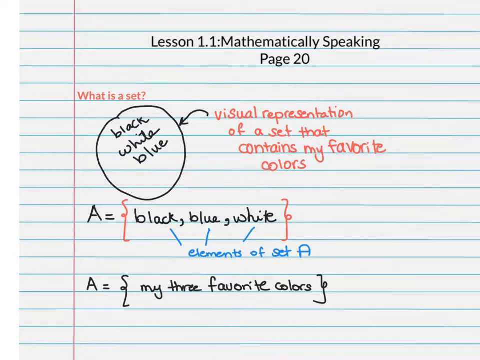I wrote the 2 brackets and I described my set in words. My 3 favorite colors. Now, you would ask me, how would I know how to describe the set? It depends on the question. The question might ask you to describe it in words or by listing all the elements. Usually, we list all the elements because this way helps us more in identifying other concepts in sets.